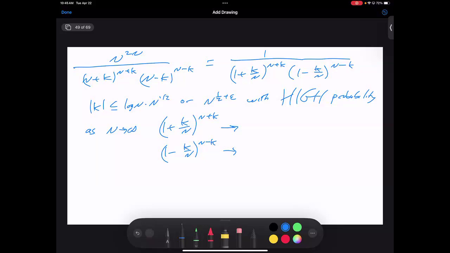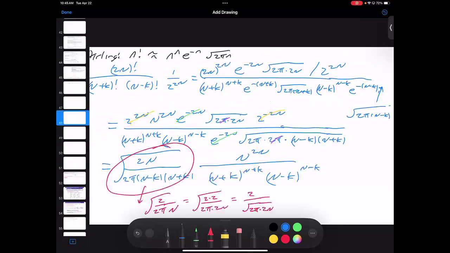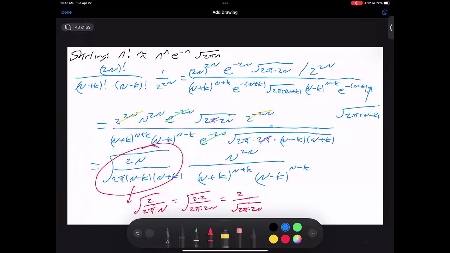Yeah, doesn't this look like e to the k? And the other one looks like e to the minus k. So the product is converging to 1. Unfortunately, if that were true, then when we go back a page, we would have something converging to a uniform distribution, not a normal.